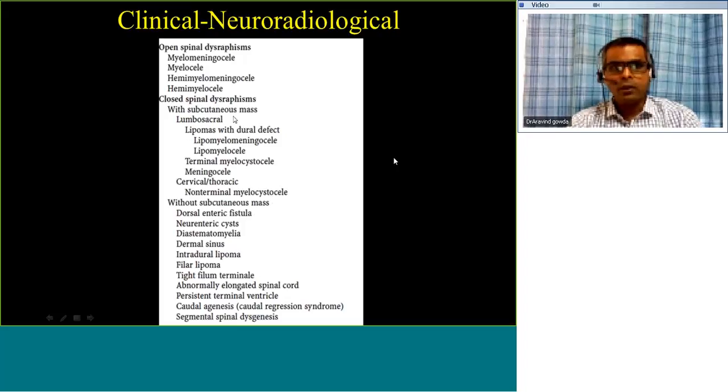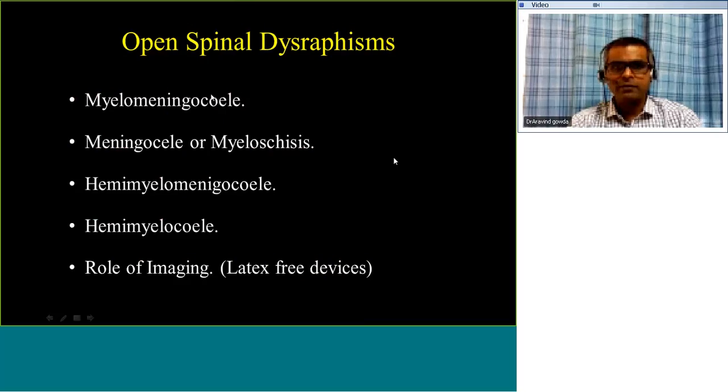So coming to the open spinal dysraphisms, as I told you earlier, myelomeningocele, meningocele or myeloschisis, hemimyelomeningocele or hemimyelocele. You need to know each terminology. Among these, the myelomeningocele is the most common and represents around 99% of the open spinal dysraphisms.